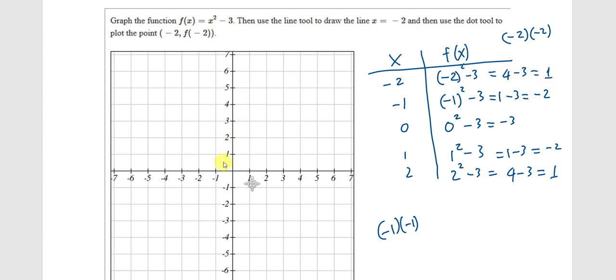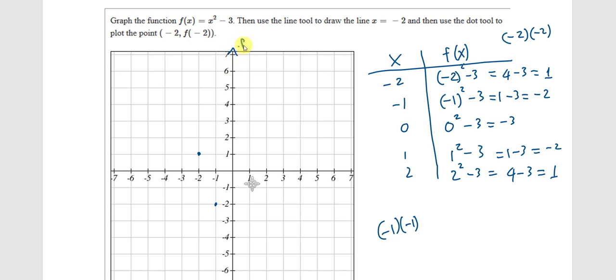So let's plot that point. Minus 2 for x, so minus 2 is right here. 1, this should be the y value. Minus 1 for x, then minus 2 for y, the f of x.